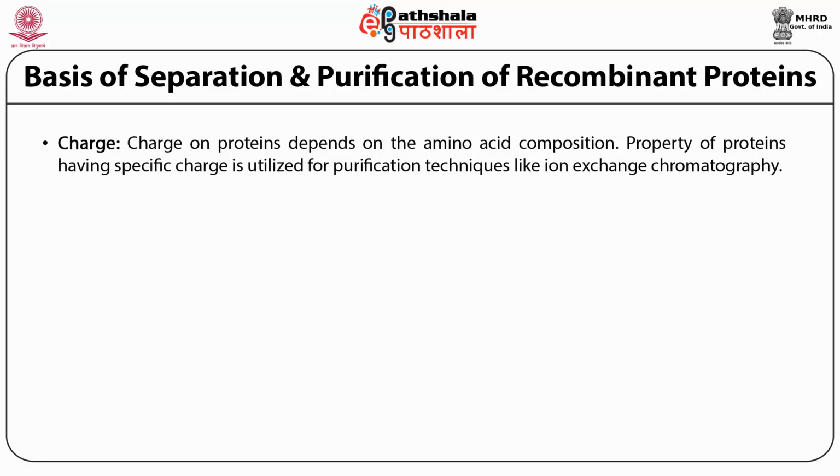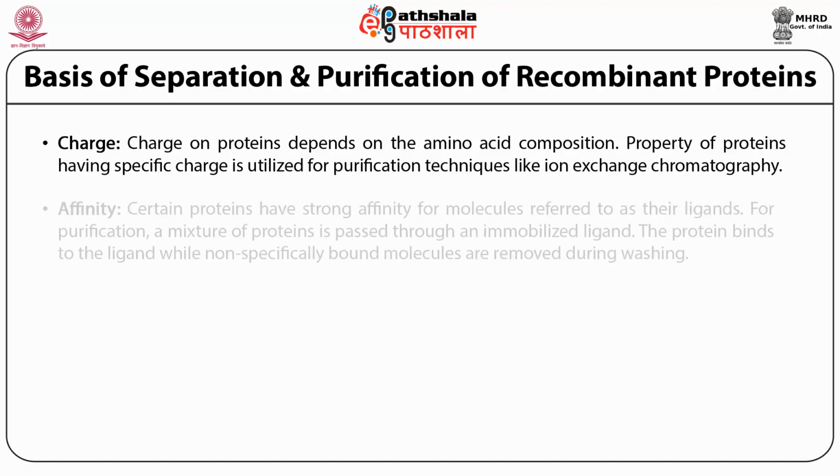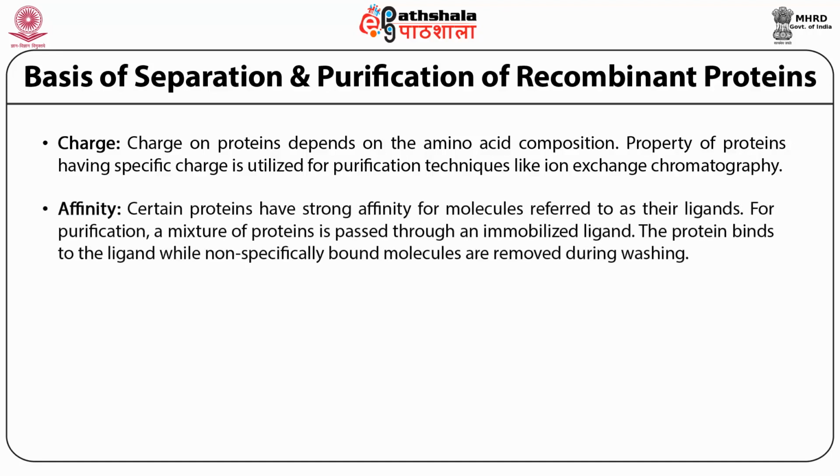Ion exchange chromatography uses resins that contain either cation exchangers or anion exchangers. Affinity of a protein for a specific ligand is again an important attribute that can be utilized for purification of a particular protein by affinity chromatography.